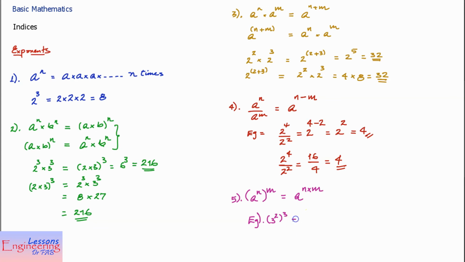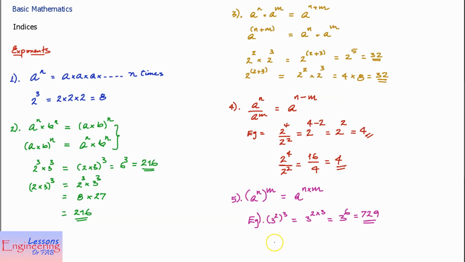So this is saying that we can take the base 3, multiply the exponents, and this equals 3 raised to 6. Use a calculator to do this, so I'll have 729. Okay, so you would have the same result if you calculated the other way around, which is just do the brackets first.